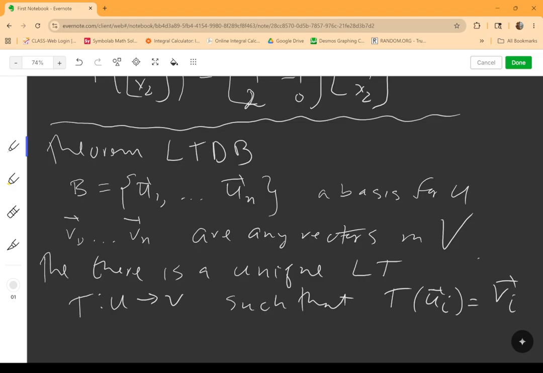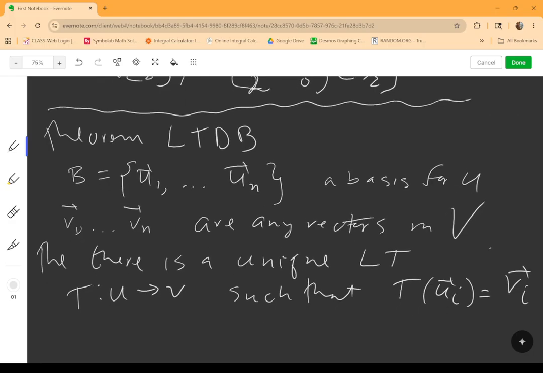Now what this is stating is that we can define any linear transformation we want simply by declaring where the basis vectors go. The rest of the transformation is forced by the linearity of that linear transformation.